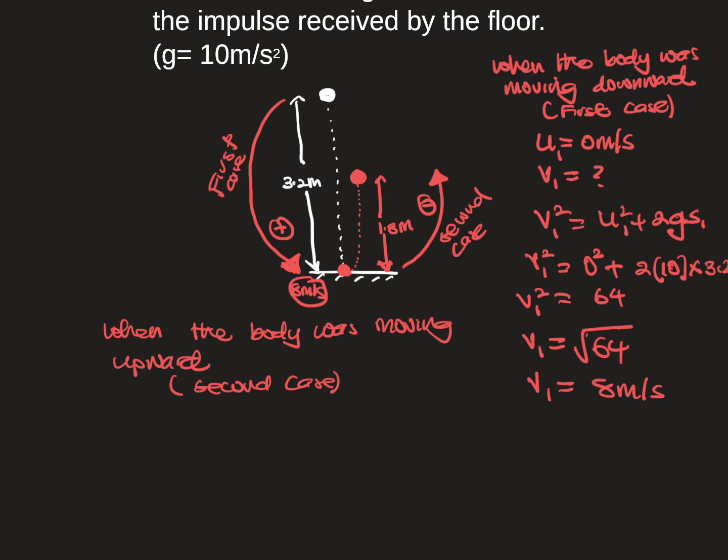So it needs to have the initial velocity U2. We don't know that, but we know that the final velocity will be 0 when it reaches its maximum height here. At maximum height, final velocity is 0. Okay, so we already know that.